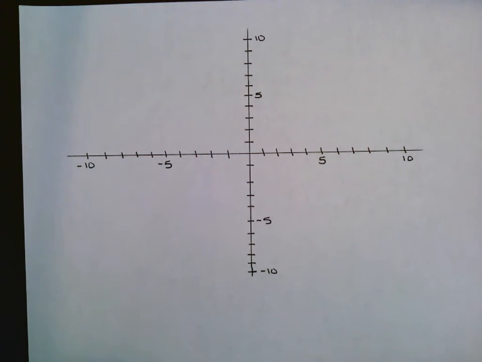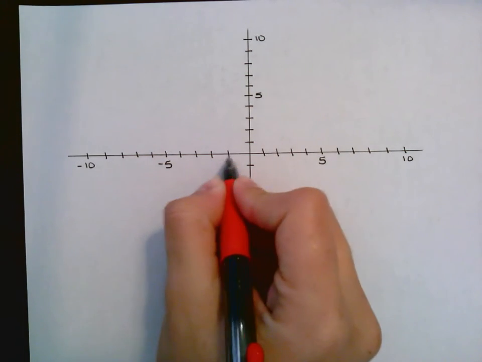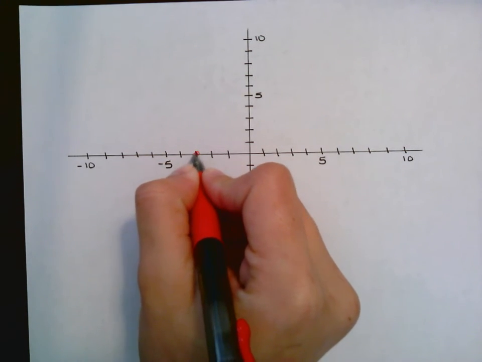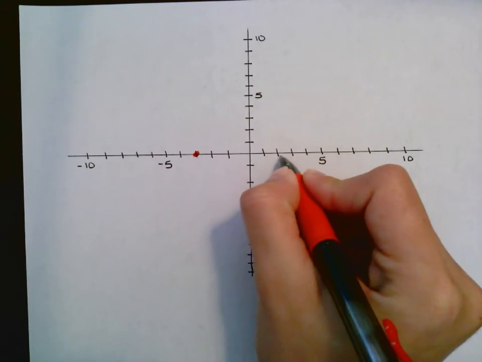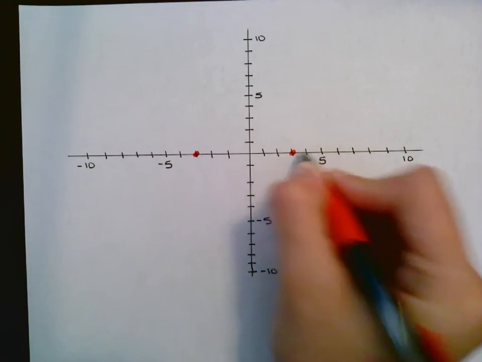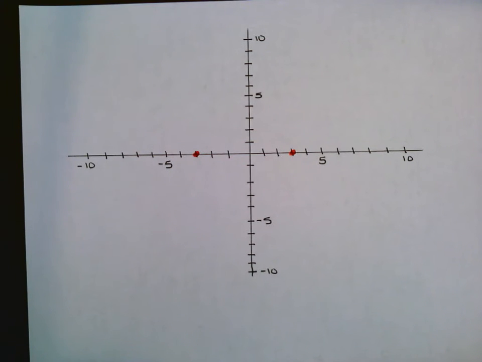So the first thing that I know that happens, according to my list, is x and y intercepts, okay? So I know that I have x-intercepts at -3, so 1, 2, 3, comma 0, and at +3, comma 0. Okay, I know those 2 points are going to exist on my graph.